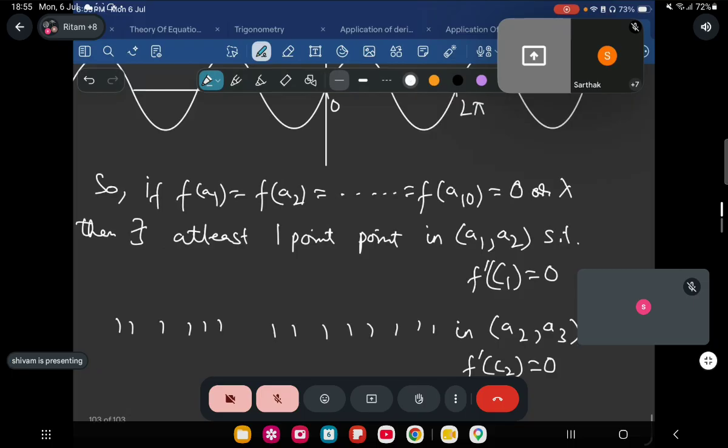Similarly, there will be how many intervals? 9. There will be 9 such intervals. So 9 such intervals means 9 points, right?